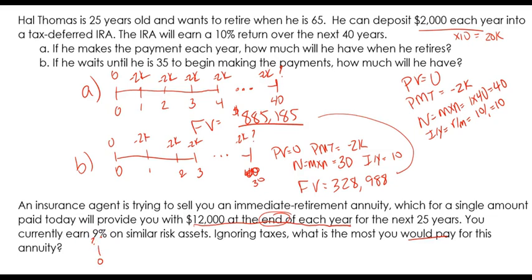So how much would you pay today to receive $12,000 every year for 25 years? So our N, 25 years. Our payment is $12,000 per year.